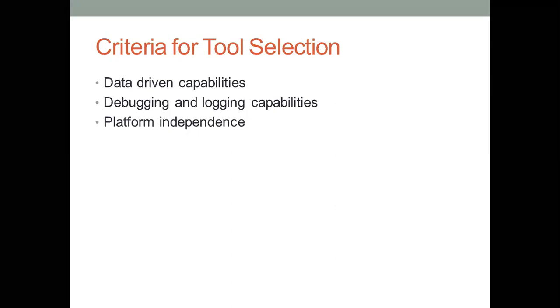In testing, if we have to do testing on any platform, then we have to select the appropriate tool which runs on all the platforms, Linux, Windows, Mac. Then extensibility and customizability. So whether we have to extend the application, whether we have to add new features and test that, whether we have to do customization. On that basis, we have to select the tool.